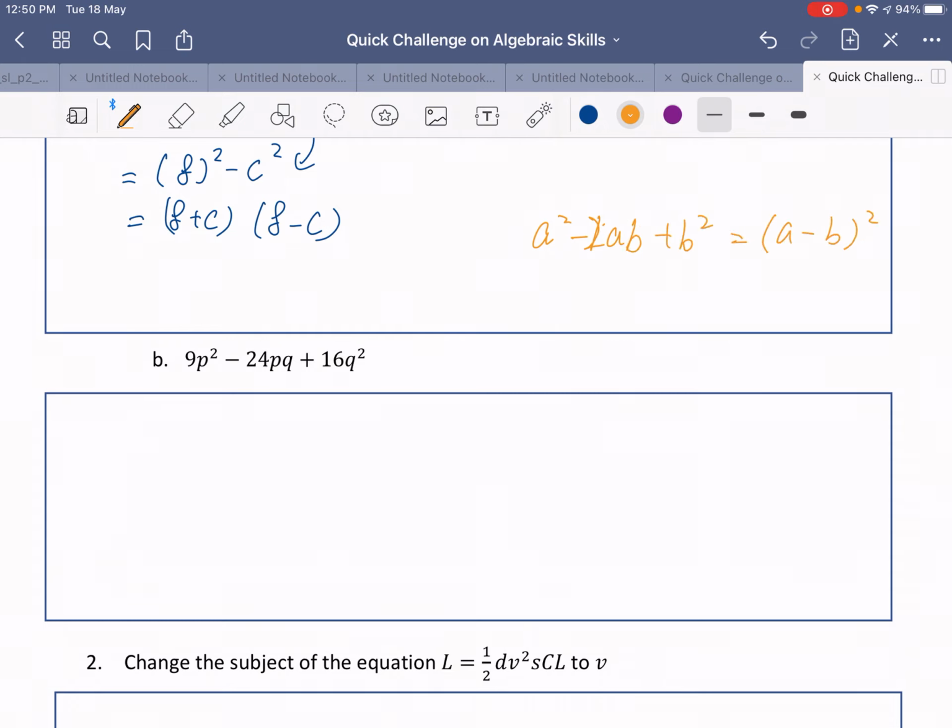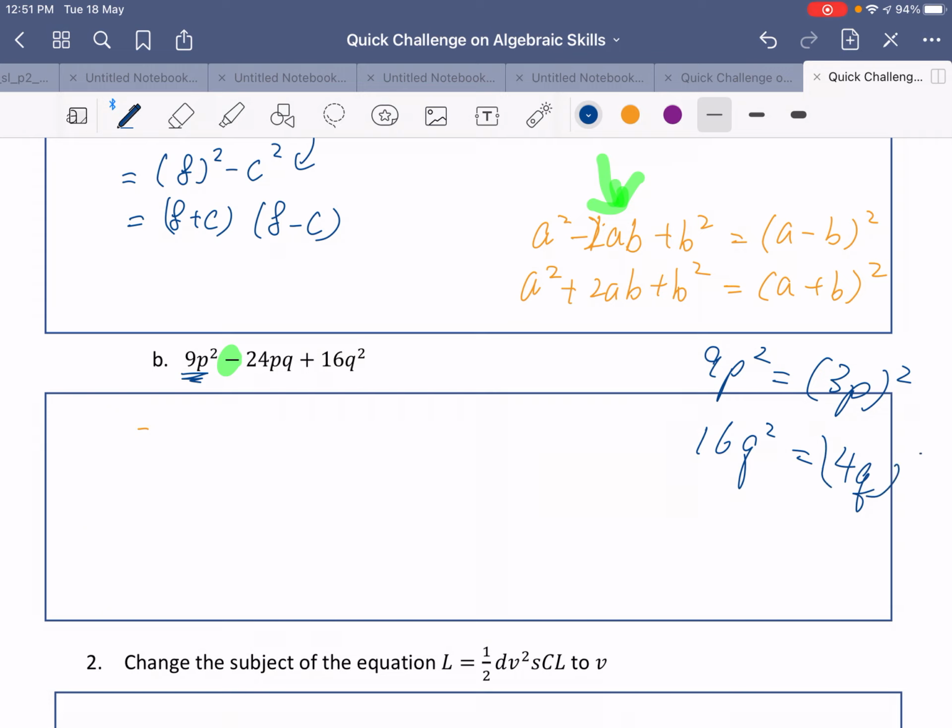All right, so we're going to find out if it works. 9p squared could become 3p all squared, and 16q squared could become 4q all squared. Looks like we are getting there. So we have 3p all squared plus 4q all squared.